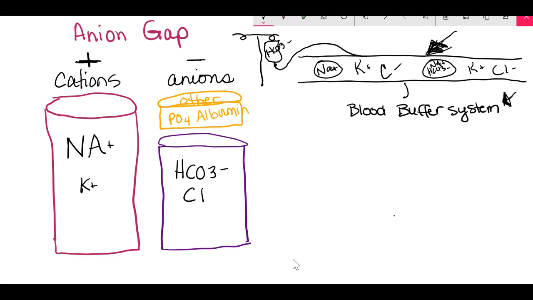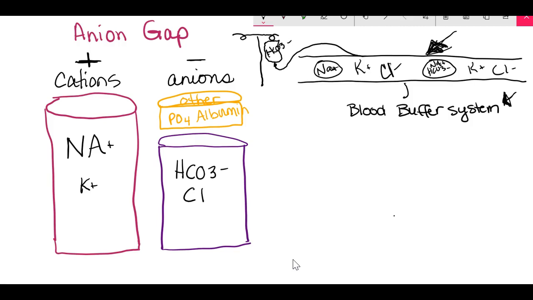Remember, there are all different types of electrolytes. If that's off balance, then your body's not going to be in balance, and it affects everything from your respirations to your entire metabolic process.